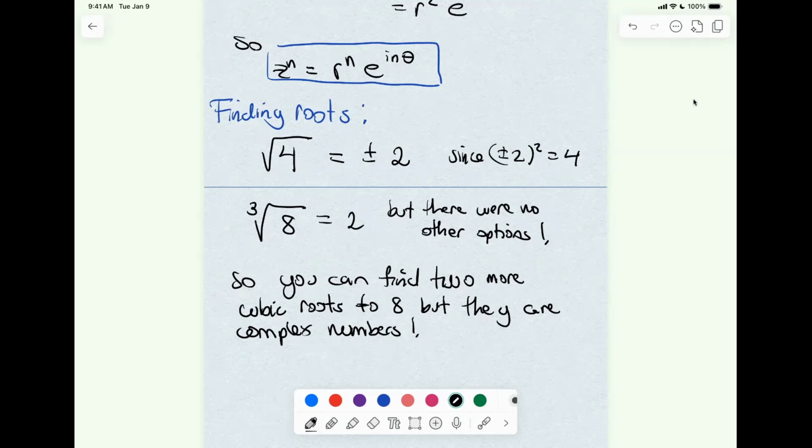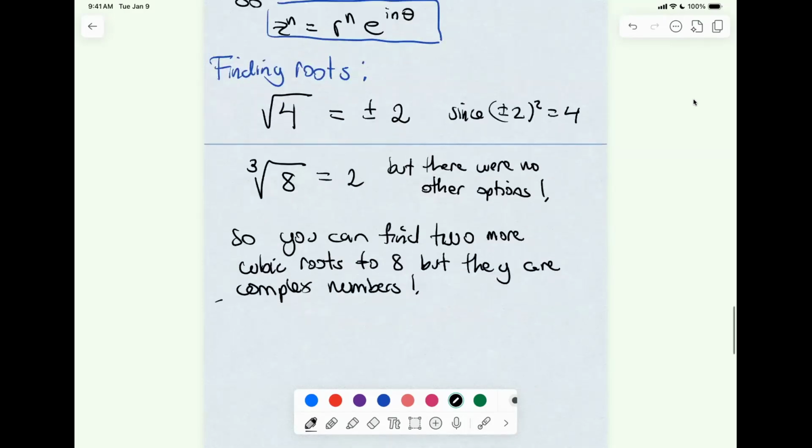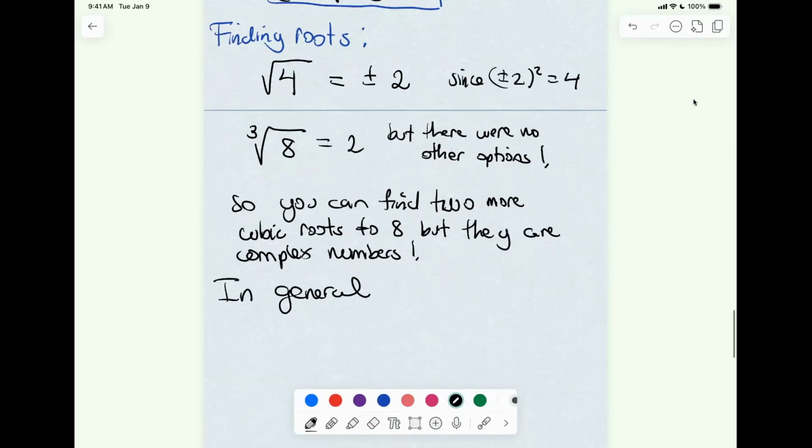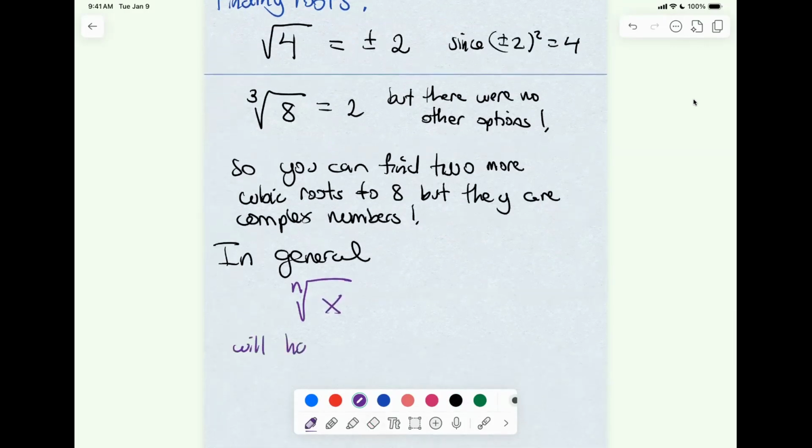And in general, before I tell you how to find them, in general a number has n distinct complex roots.